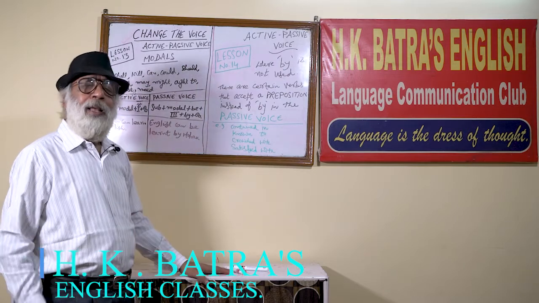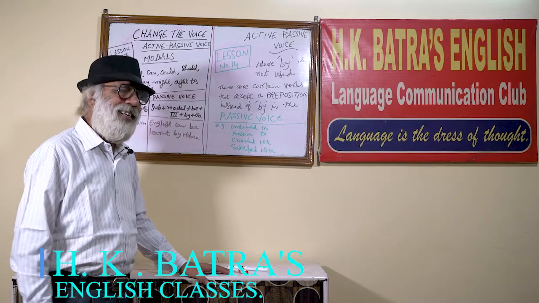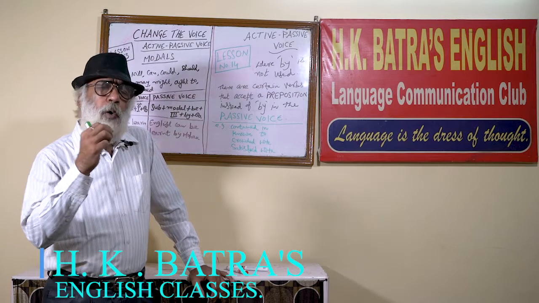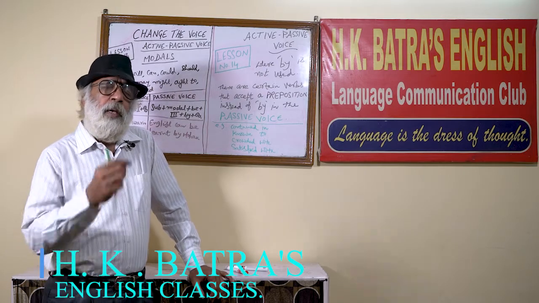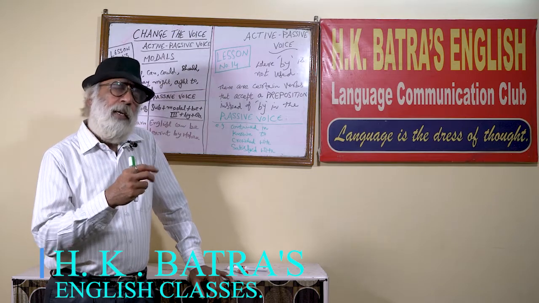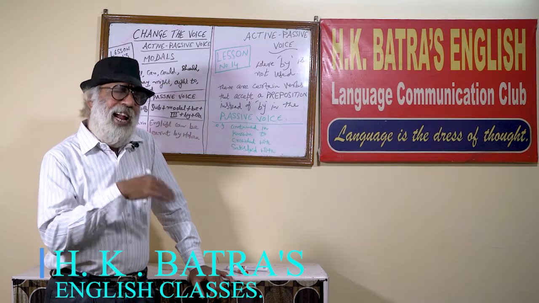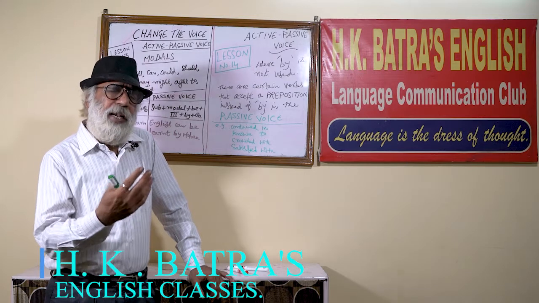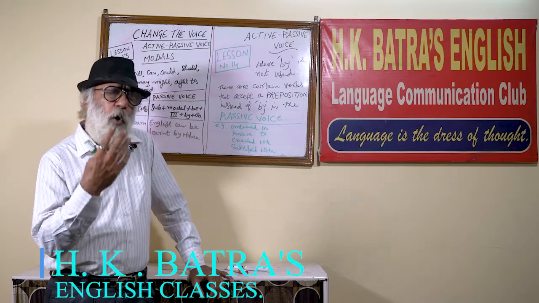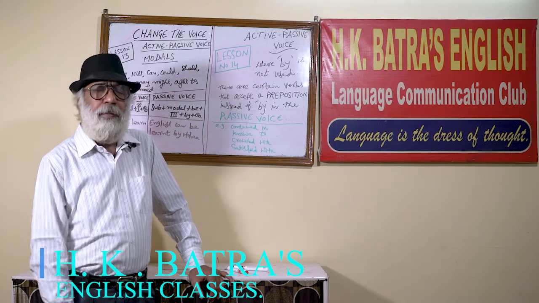So now I just speak out a sentence, like: I know him. When you transform it into passive voice, him is to be changed into he. It is a present indefinite, so we have to use is. He is known to me.